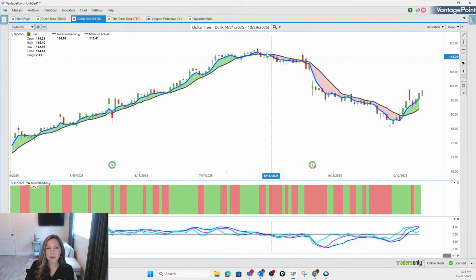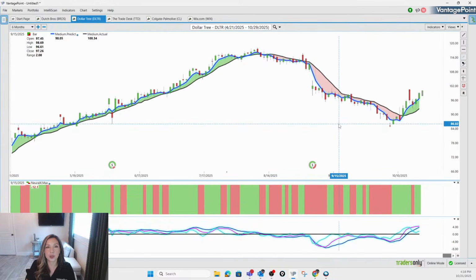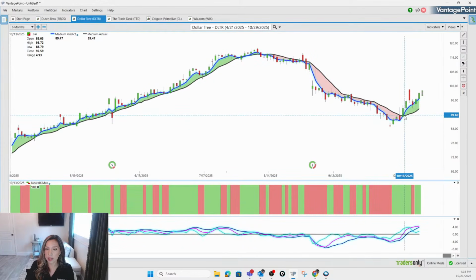So as we see then where could be another potential entry point, and that's where, again, we have those points of confirmation lining up. So here on 1013, guys, this was recent. This actually came up in what we would call IntelliScan, and we're going to get to IntelliScan in a moment, because that's going to help us find these types of new opportunities. But if you notice, we had a fresh crossover. That's what we would call a crossover that just recently happened.